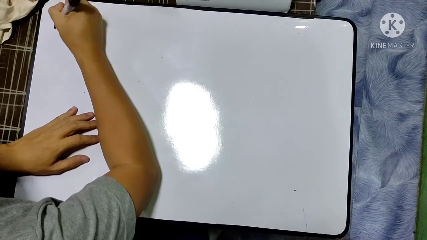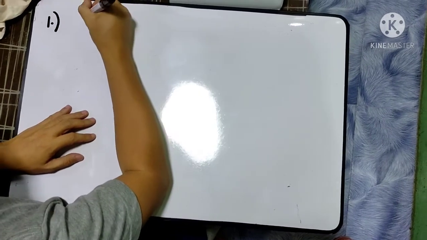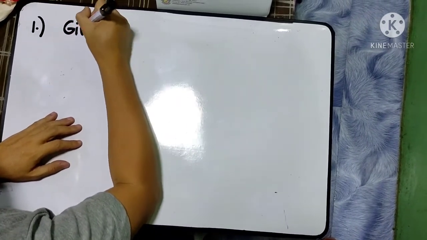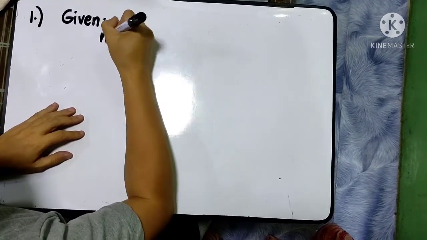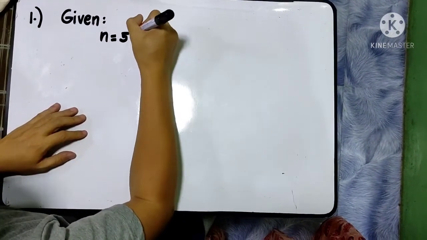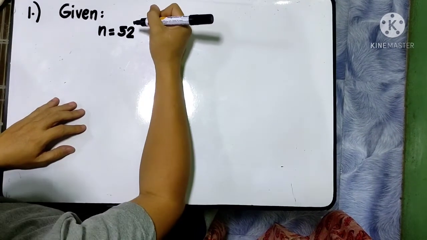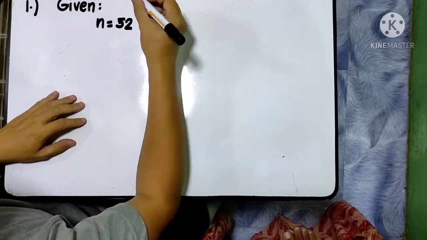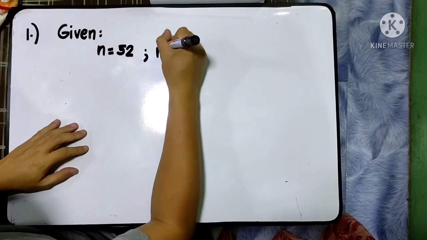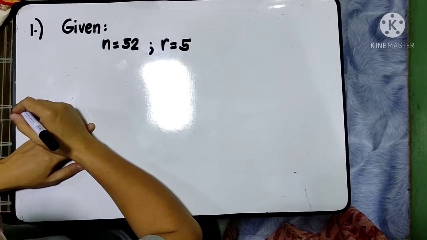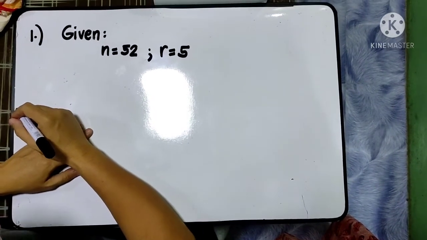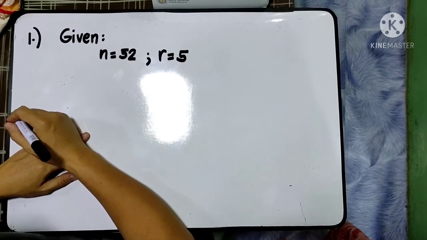So, you start with the given. In the problem, n is equal to 52. In a standard deck of cards, there are 52 cards. And r is equal to 5 because you will be forming sets of 5 cards. The question is, how many different sets are there?